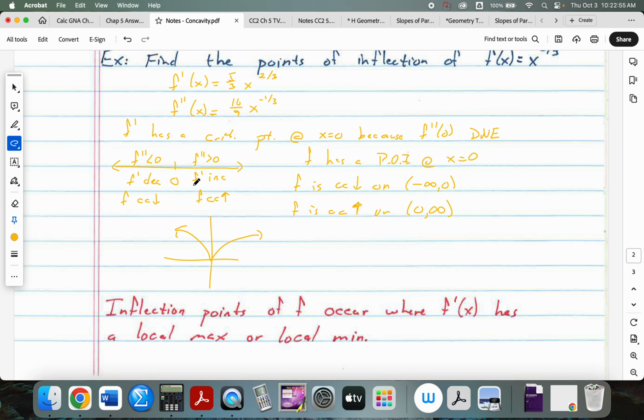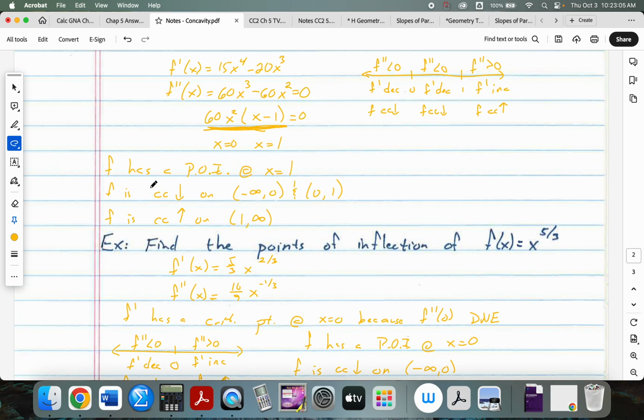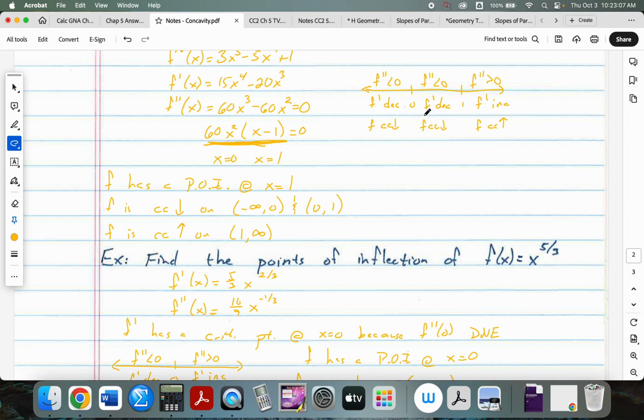So that must have been a local minimum of f prime. Okay, and I know there's a lot of different functions going on here, so you have to be really careful. Let's look back at this one. Here, f prime changed from decreasing to increasing. So again, we have a local minimum of f prime, and at that point, we had a point of inflection of f.